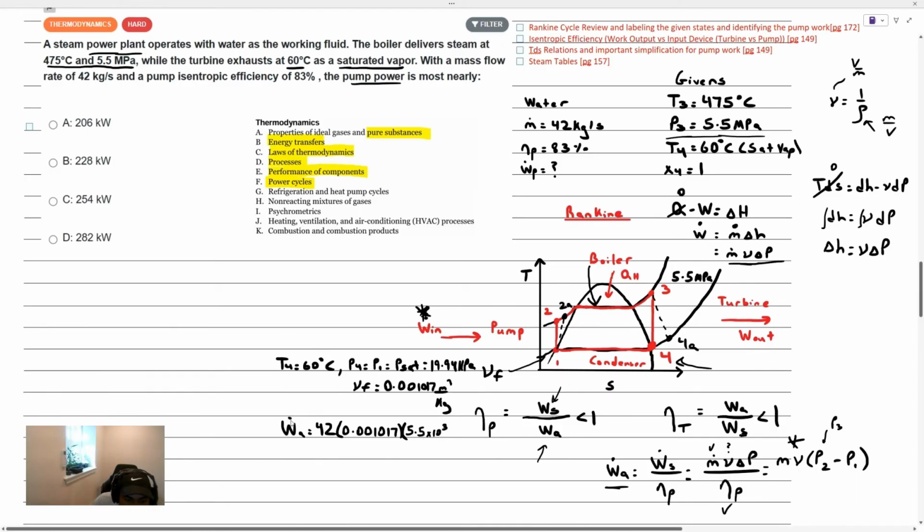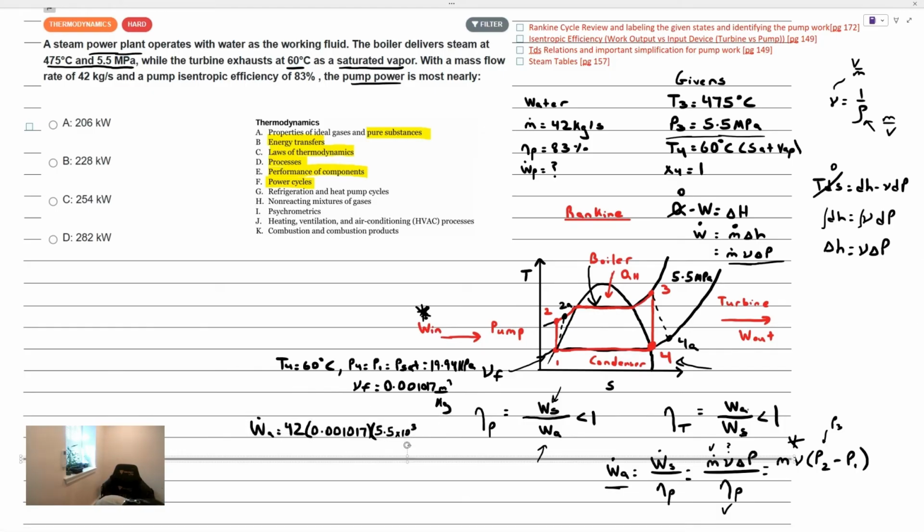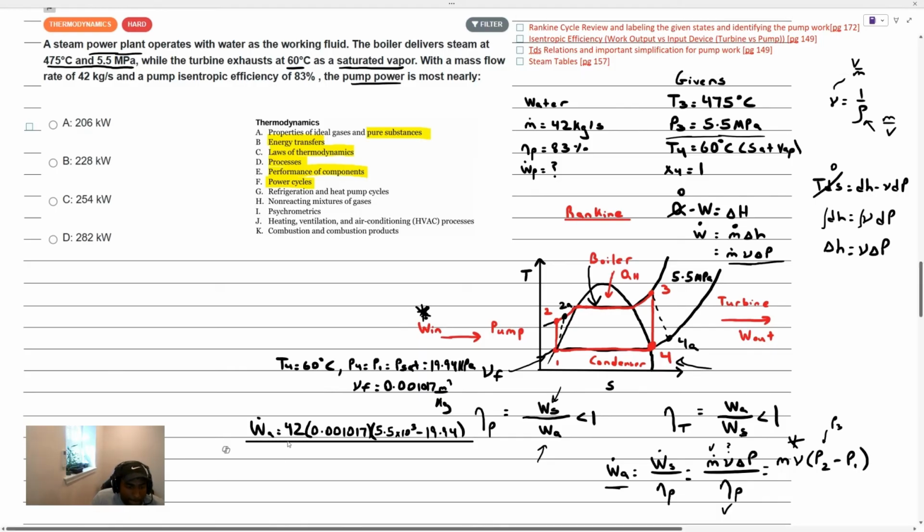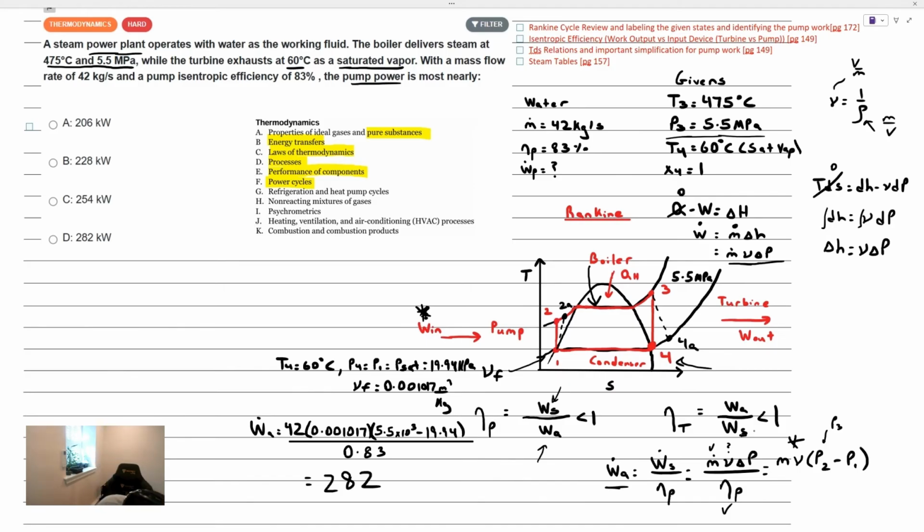So we have 5.5 times 10 to the third. We're going to subtract the saturation pressure that we just found, which is 19.94, and we're going to divide this value by 83%, so 0.83. And let's see what the output of this calculation is. 282.